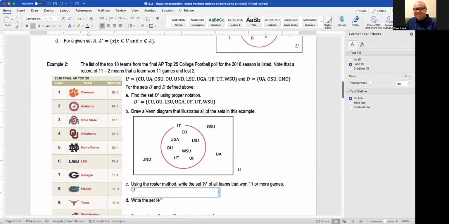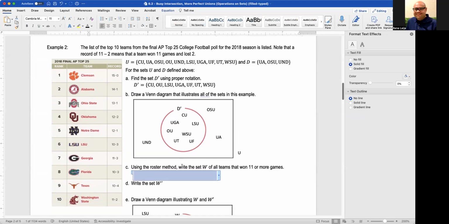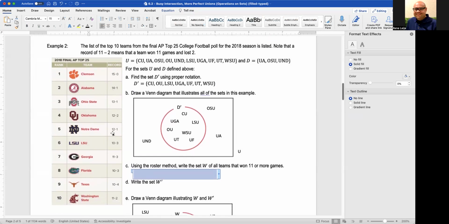Okay. All right, now C, it says using the roster method, write the set W of all teams that won 11 or more games. So we're going to look at their record here. So as long as the first number is 11 or higher, that means they won 11 or more games. So I'll let you pause the video.